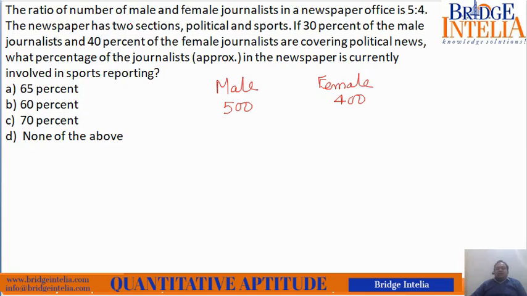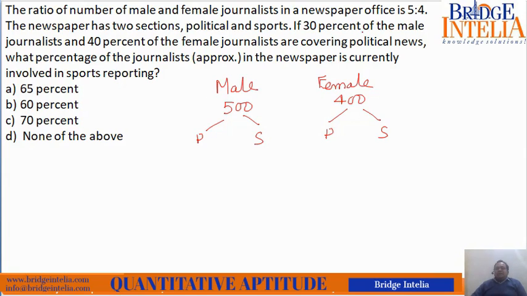The newspaper has two sections, political P and sports S. That means some male work in the political section, some in sports, same for female.